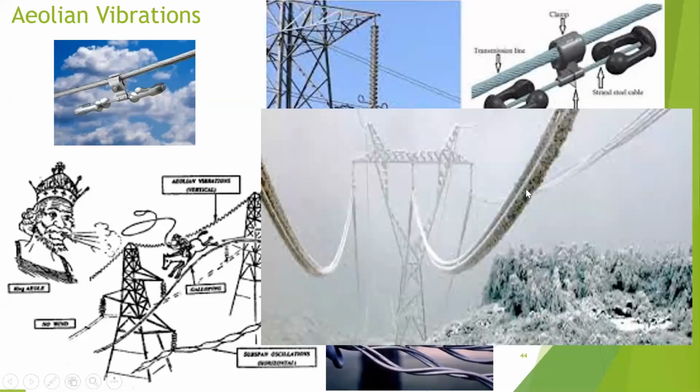And what happens? Suddenly, after getting deposited, the sun comes out, the cloud goes out and it is a sunny day. What happens? This snow gets melted and one portion would fall. When one portion would fall, the conductor gallops and then the whole thing goes on falling. It gallops more and more.